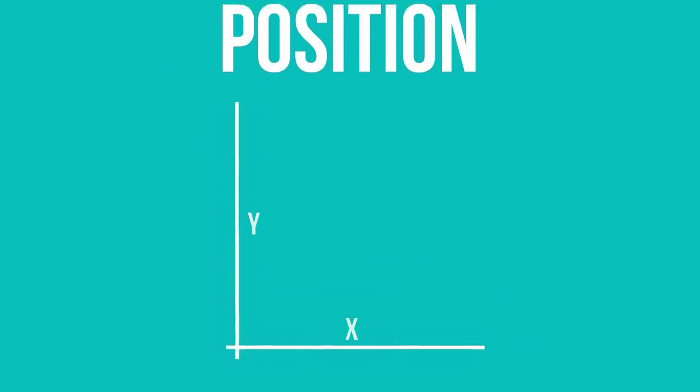To understand position, think of your view as a Cartesian plane, with x and y values representing horizontal and vertical positions respectively. The scene is added at position 0, 0, which is at the bottom left corner of the view. Each point represents 1 pixel, or 2 pixels on a retina device. So if you added an SKNode to the scene at position 50, 20, then it would look something like this.